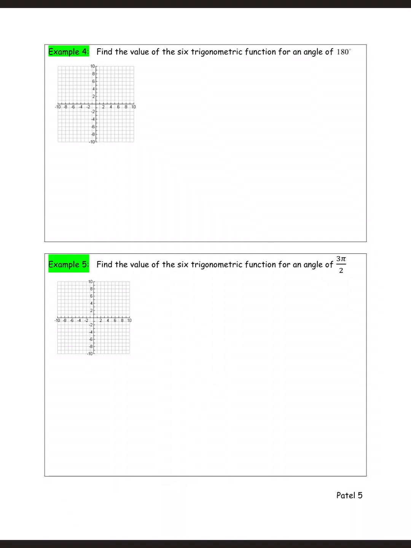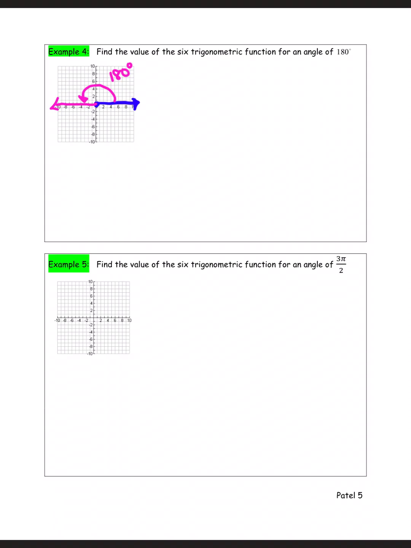Example 4, we're going to find the value of the six trig functions of an angle associated with 180 degrees. So here's my vertex. Here's my initial side on the positive x-axis. We know right here is my pi, or 180 degrees. I can label any point on that.